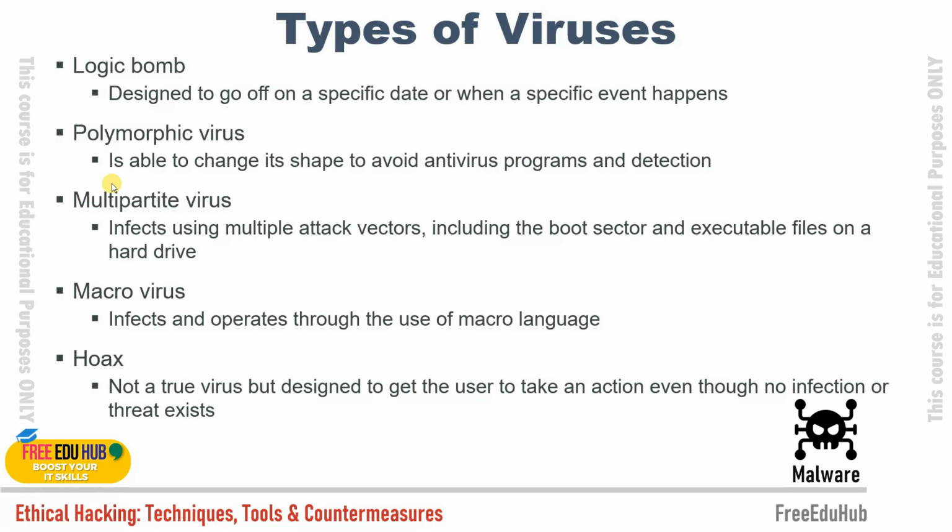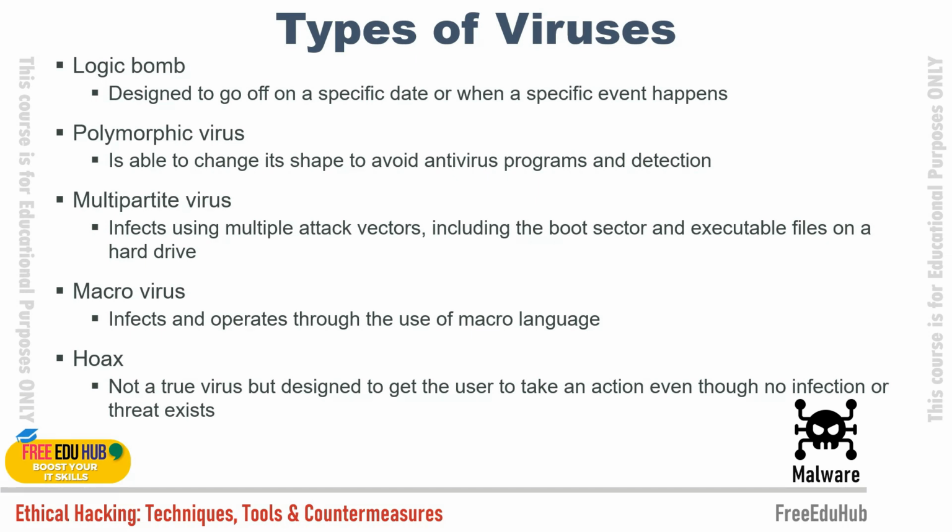Second, we have the polymorphic virus, which is able to change its shape to avoid antivirus programs and detection. It keeps on changing its shape so that it works in a stealth mode and antivirus software cannot detect it easily. Polymorphic viruses employ a series of techniques to change or mutate. There are two categories: polymorphic engines and encryption.